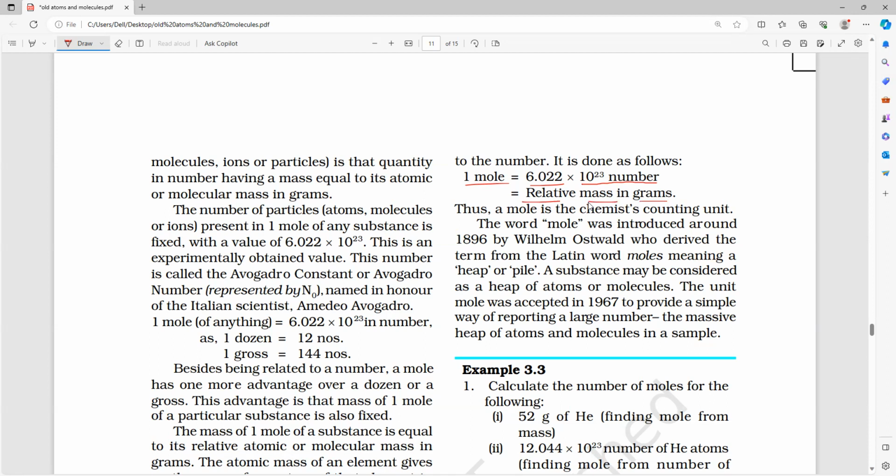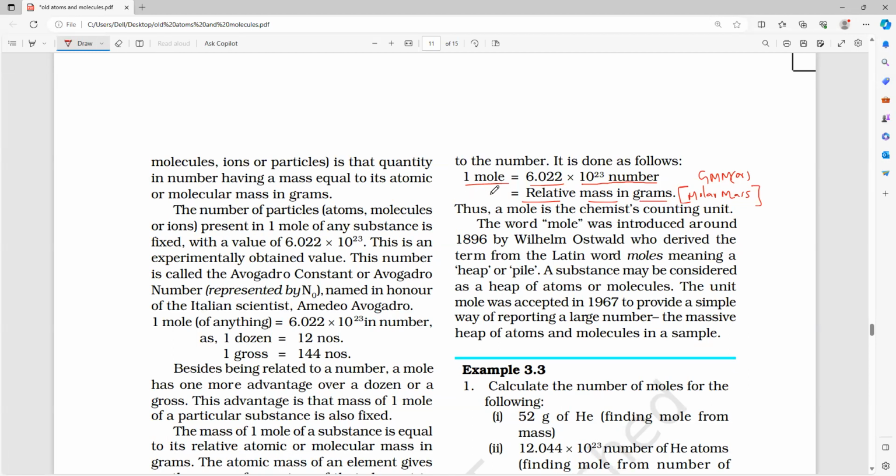If you take RMM in grams, we call it molar mass, or we can say GMM. Very good, Nivedan. So gram molecular mass. That is what you have to remember, everybody.